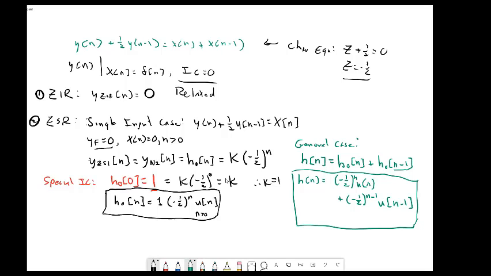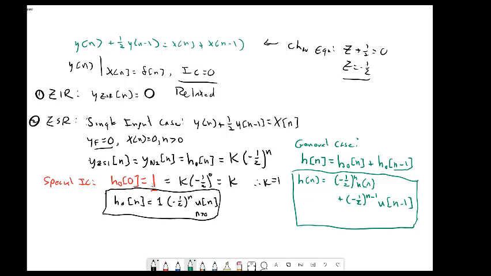So the process is all the same as solving any difference equation, except we don't have a zero input response because the system's relaxed. That's our assumption. And for finding the single input case unit sample response, we use a different initial condition. We use this special one, that h of 0 equals 1.